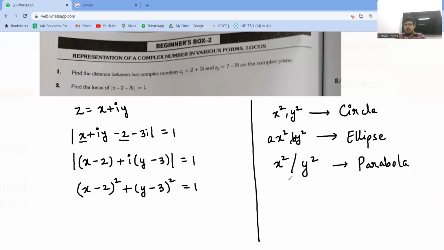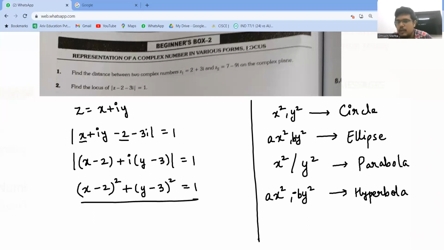If it is x square y square both coefficients are different and signs are opposite, then it is hyperbola. तो हेल्प ऐसे करेगा. If you expand this, what will you get?